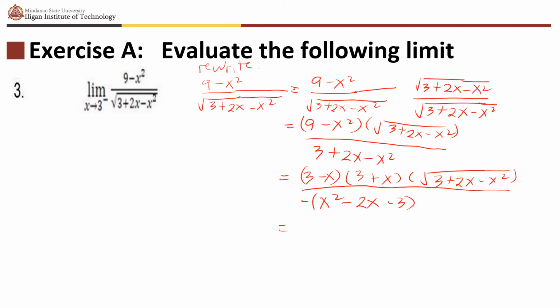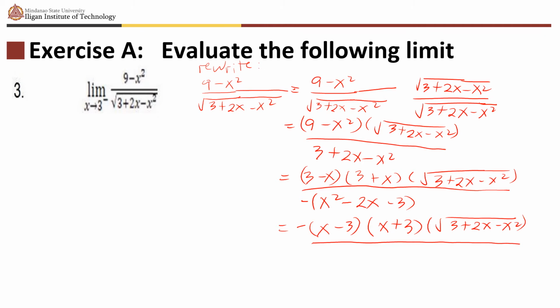is now equal to, and this one can be written as the negative of x minus 3, and we have x plus 3 times the square root of 3 plus 2x minus x squared all over the negative of x minus 3 times x plus 1.